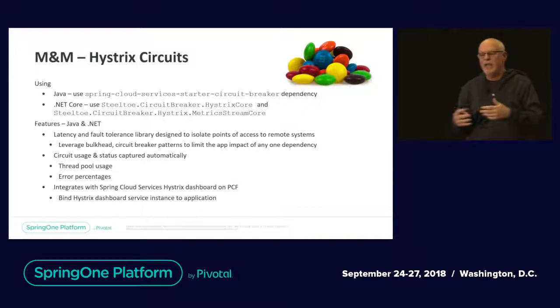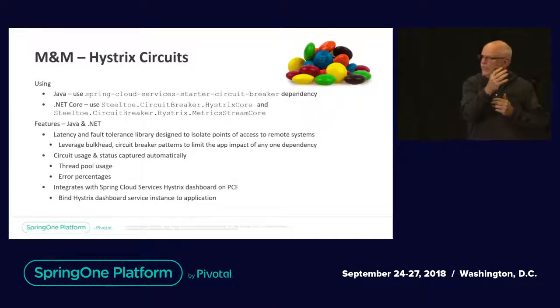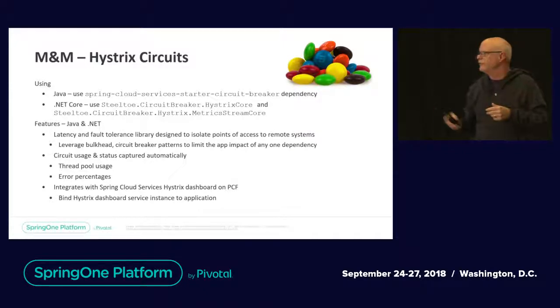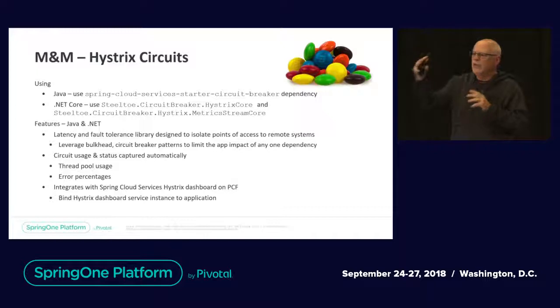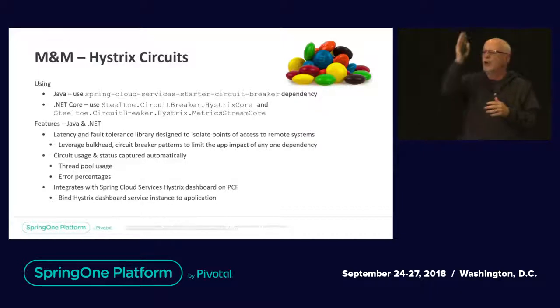And then within that command, you get to write the code that actually invokes the remote endpoint, or, if you begin to see a failure, falls back into some other activity. So, do something in the case of, for example, that external service being down or not responsive. The really cool thing about this is if you follow this pattern and you use this Hystrix component, we gather metrics, usage information, and status information of those circuits.